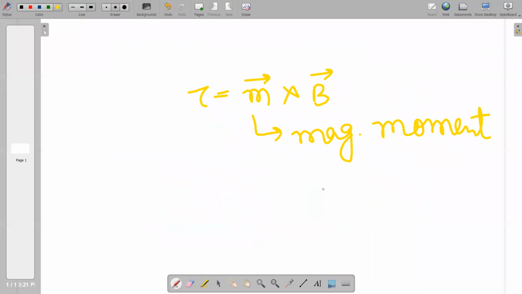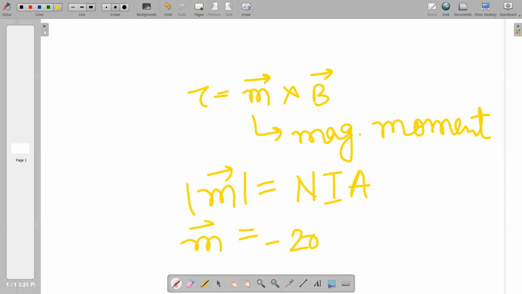And the magnitude of magnetic moment is NIA. N is the number of turns, I is the current, and A is the area of the current loop. So basically magnetic moment is minus 20 into 50 into 10 raised to minus 4 into 0.1 k cap.